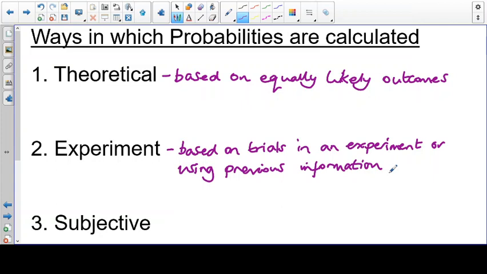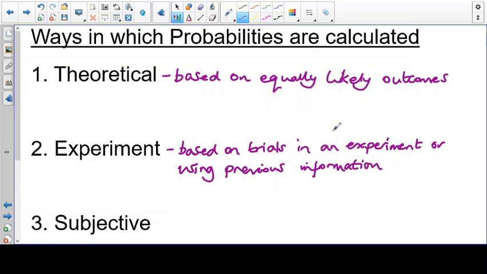We use experimental probability for making odds, for example, horse racing. The odds on a horse race are dependent on information, so things like the age of the horse, whether it's raining on that day, how good the horse has been on wet or firm ground, how many of the last 8 races, for example, the horse has won, the weight of the jockey.